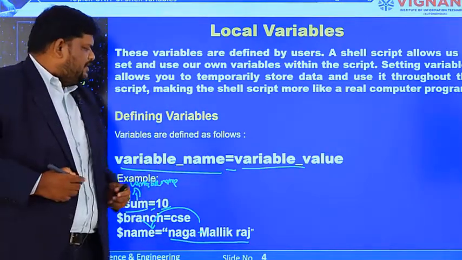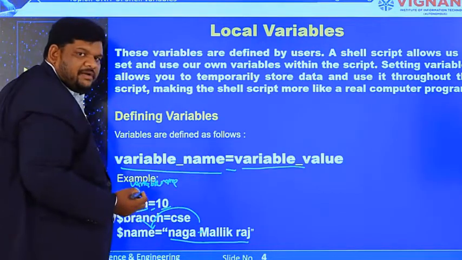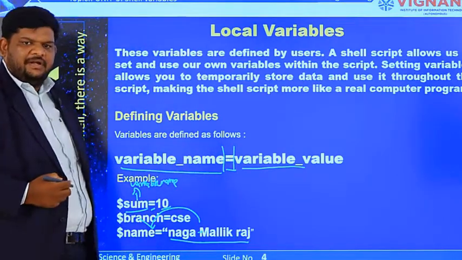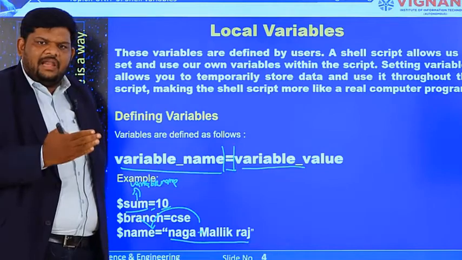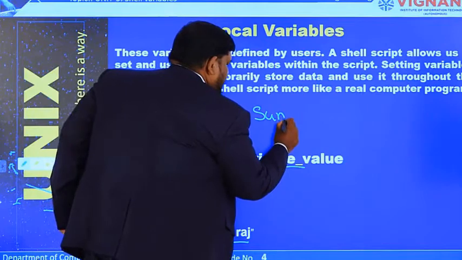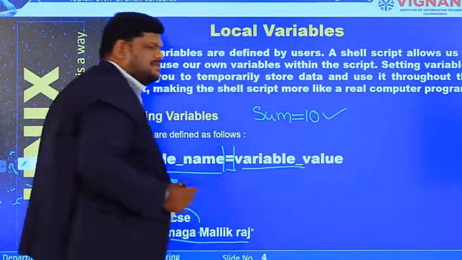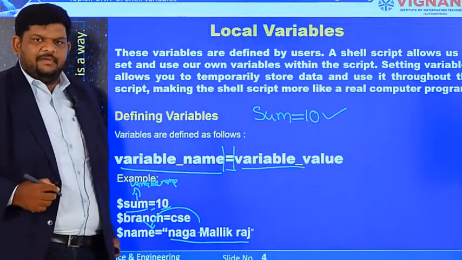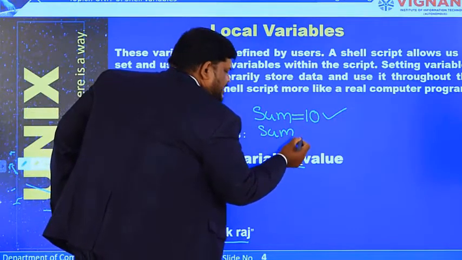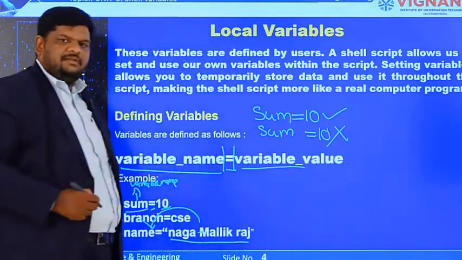While defining variables, we have to keep in mind an important note: space must be avoided before and after the assignment operator. That means white space is not at all allowed before and after the assignment operator. For example, the correct way to define a variable is without any white space: variable name, assignment operator, and value. If we write the variable name, some white space, and then is equal to 10, this is a wrong assignment.